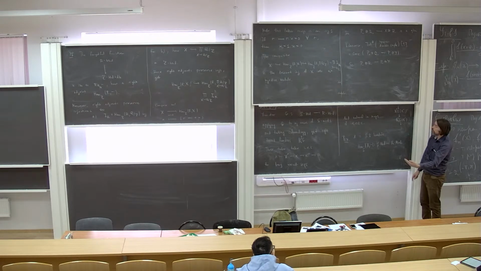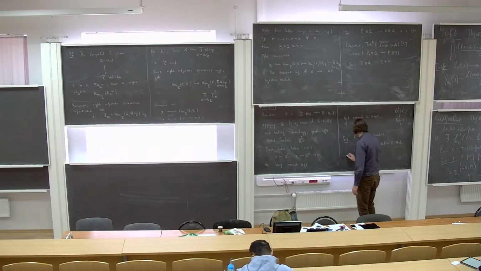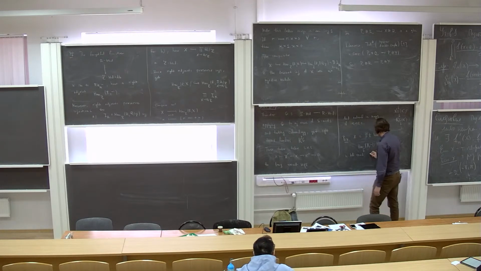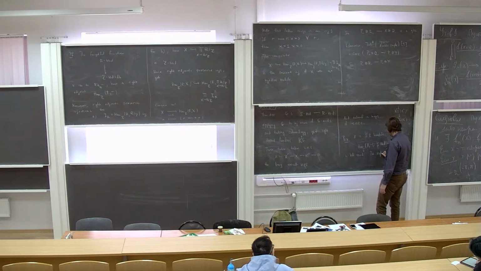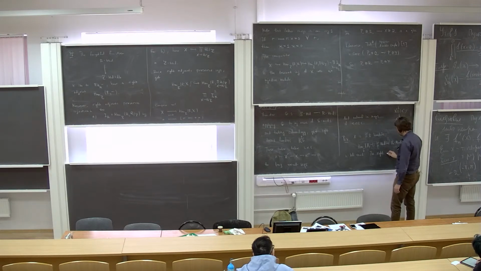That's what we proved when we introduced injective modules. Okay, so this is left exact. And the right-derived functors are called the Ext modules, or the Ext functors.